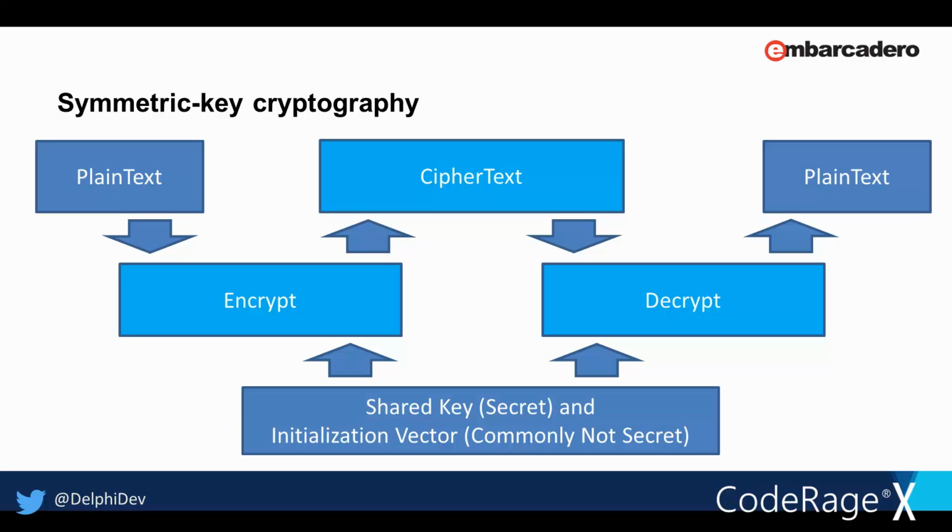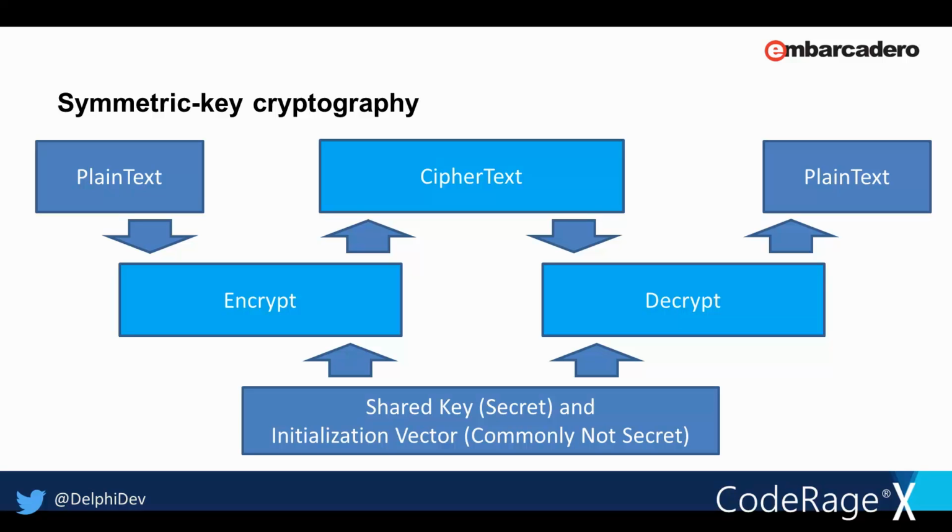Symmetric-key cryptography systems depend on a shared key. Any party that knows the key can decrypt the data with this key. The process starts with plain text. Most algorithms take the key and an initialization vector, sometimes called an IV, or a nonce, although not all of them use an IV.